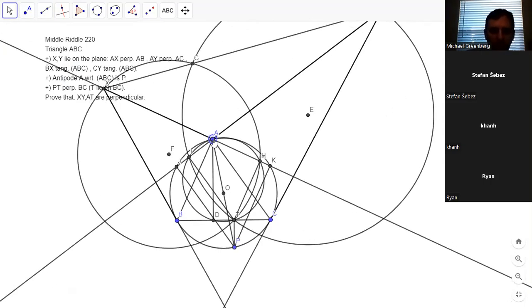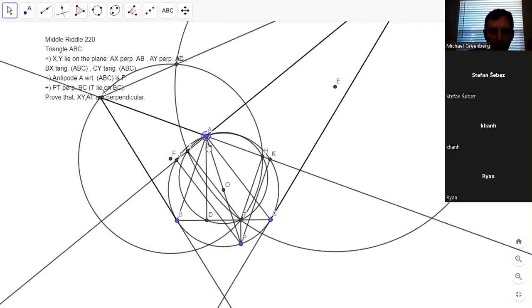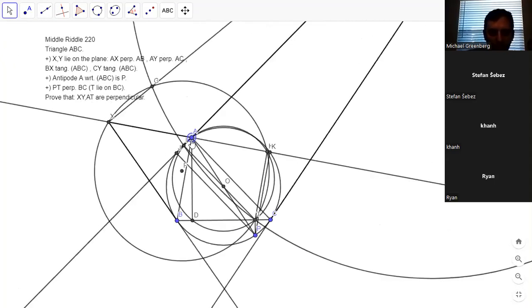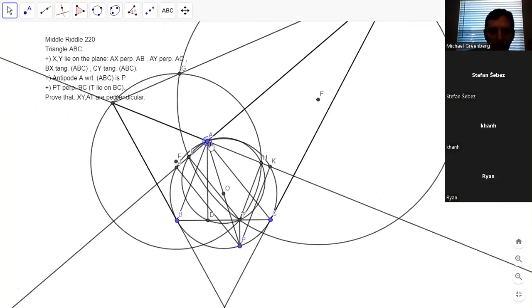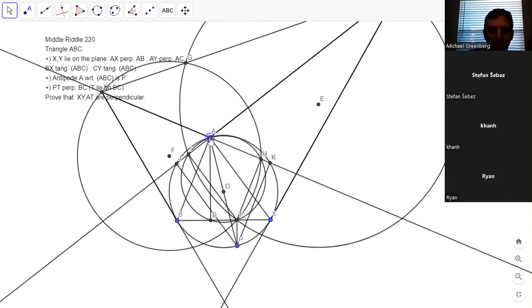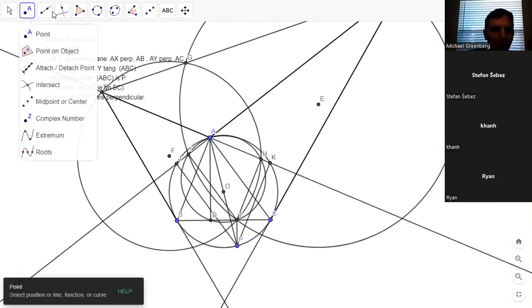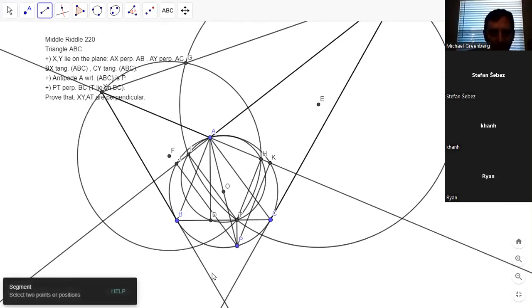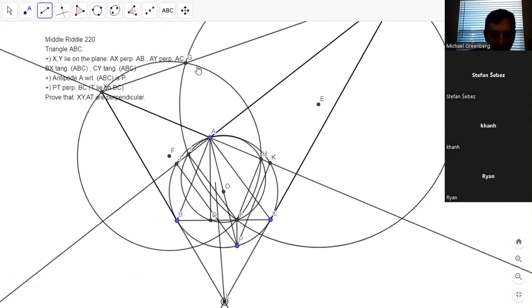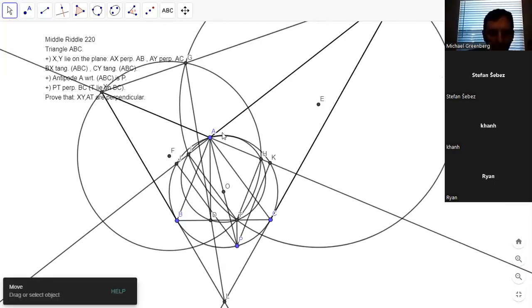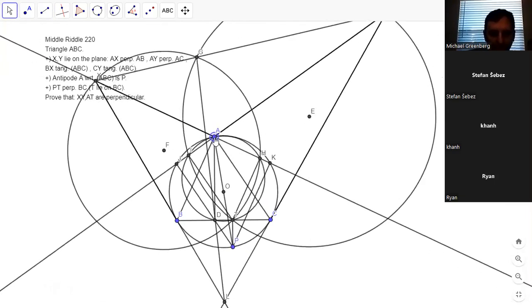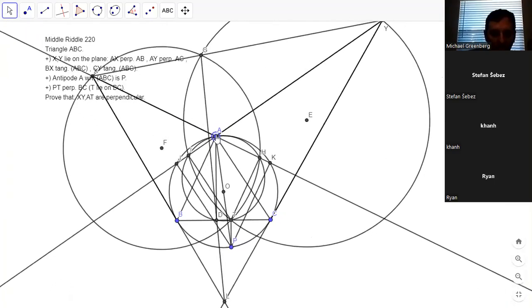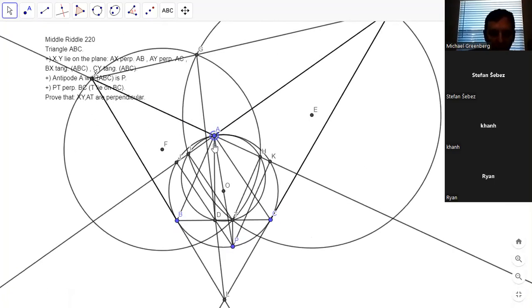So let me draw this point. This is looking like a mess now. Sorry about this. So yeah, it looks like G, D, and L might be collinear.